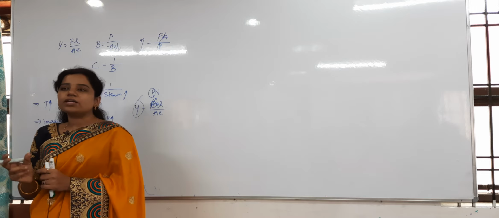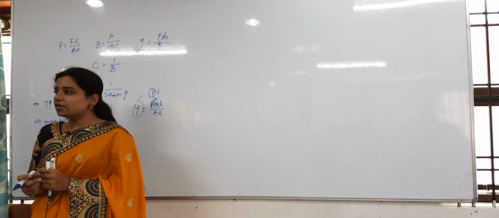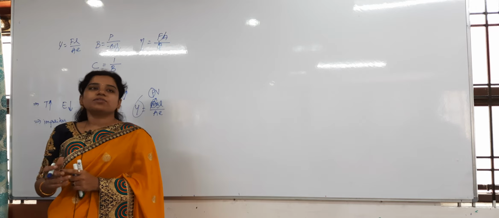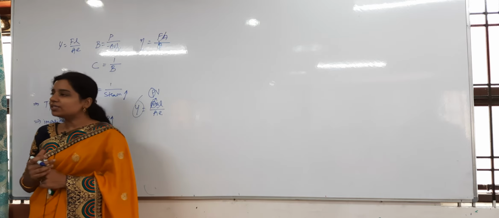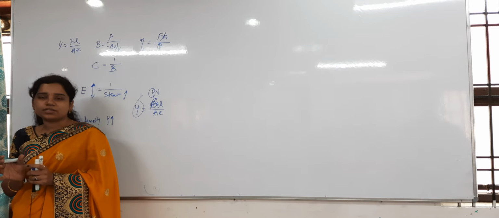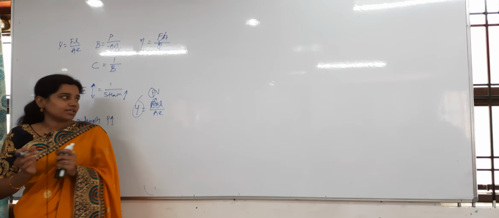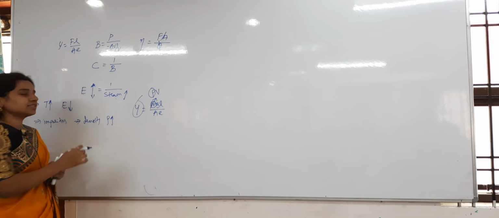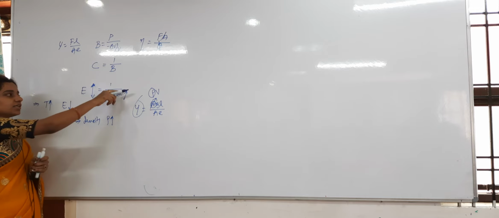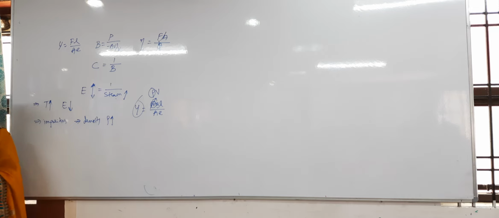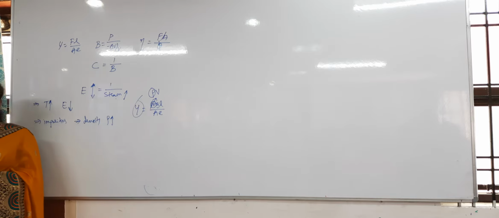So whenever the elongation is less, strain is less. As the strain is less, elasticity will increase. Strain is inversely proportional to the elasticity, right? So the strain is decreasing, nothing but elasticity will increase. That is about the different factors which will affect the elasticity of a material.